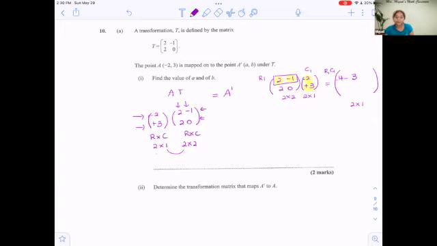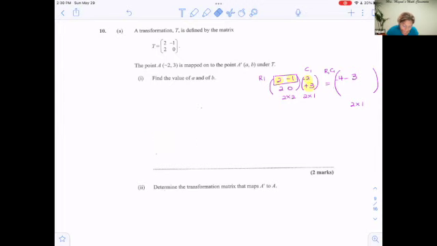Yes, right? So let me start over. We have the translation T, which is 2, -1, 2, 0.